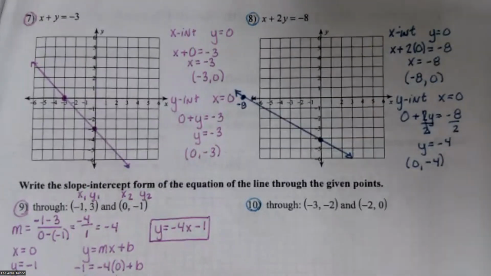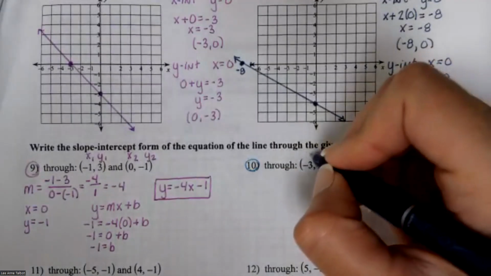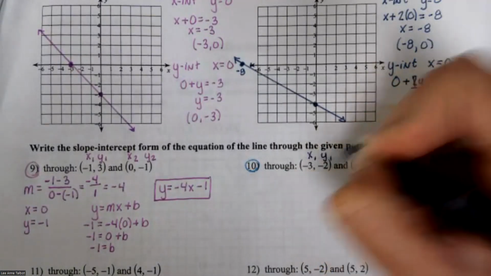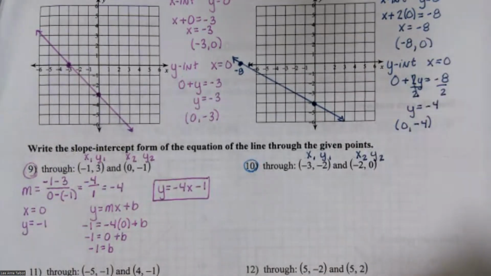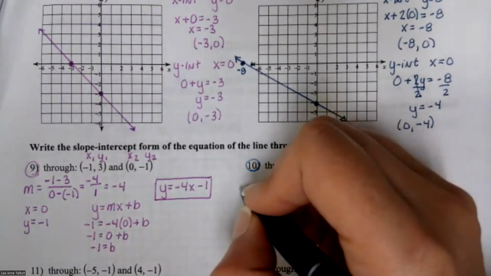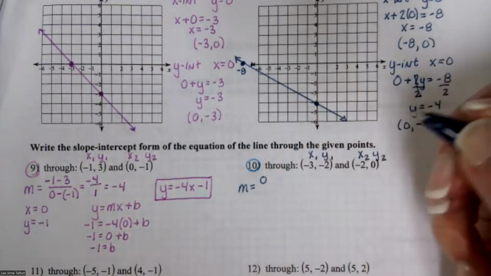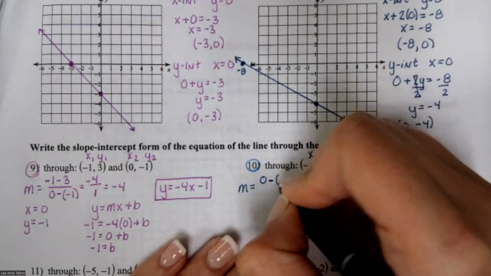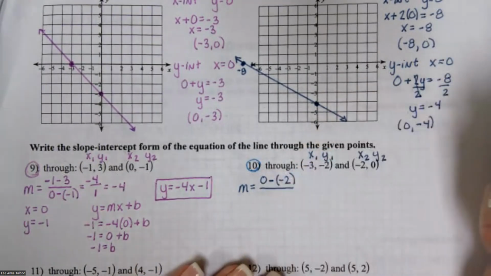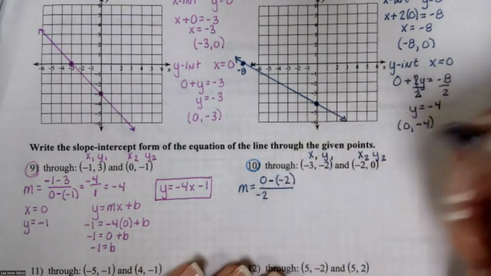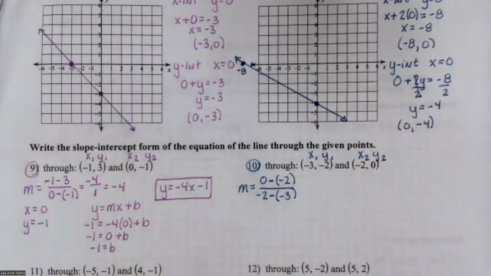Okay, now number 10. X1, Y1, X2, Y2, M equals Y2 minus Y1 over X2 minus X1.